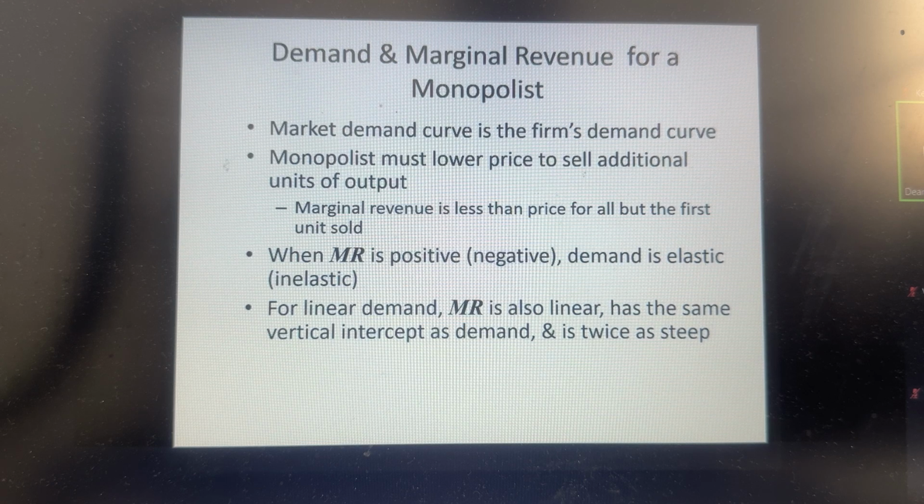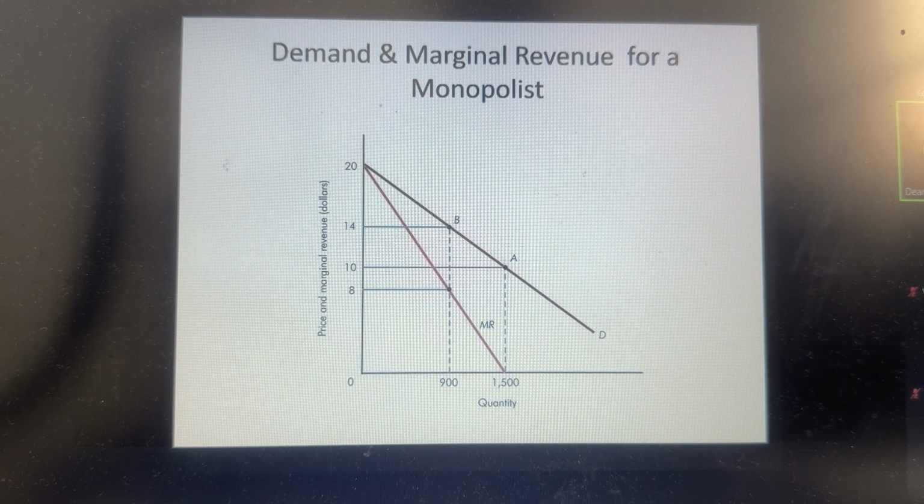Therefore, the demand curve is downward sloping, and the MR curve is also downward sloping, but MR is twice as steep as the demand curve of the monopolist firm. Graphically, this is the demand curve and this is the MR curve.